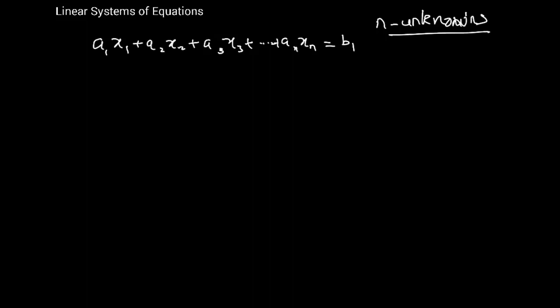So what is better is to use a double subscript to indicate that this is the first equation. The first number represents the equation number. So these are all equation number 1, and we have these n coefficients.